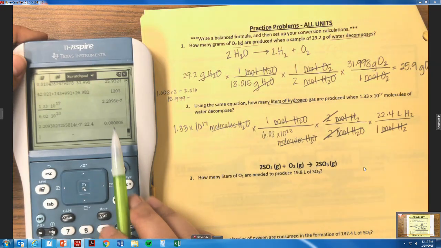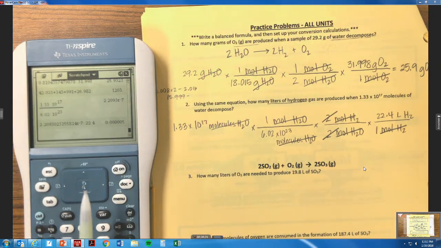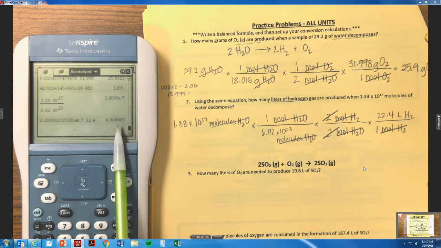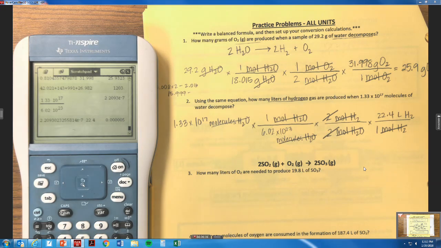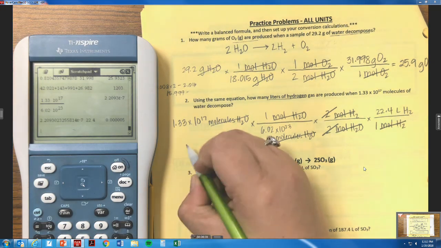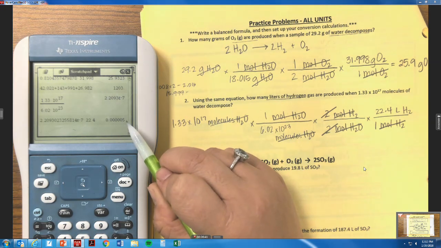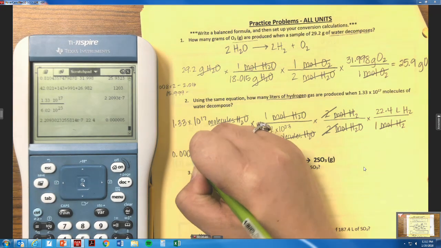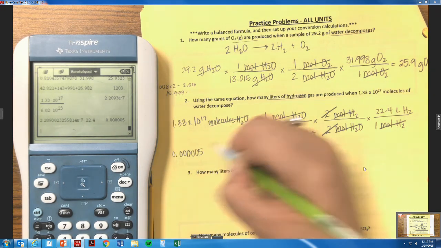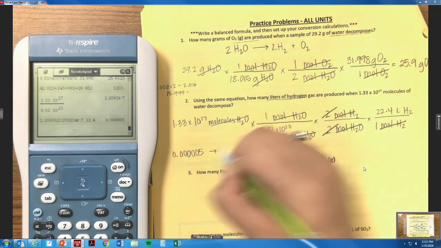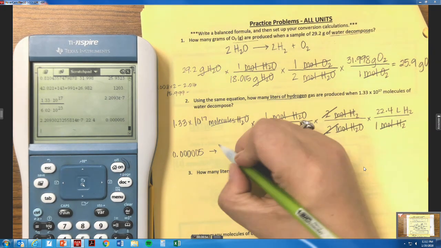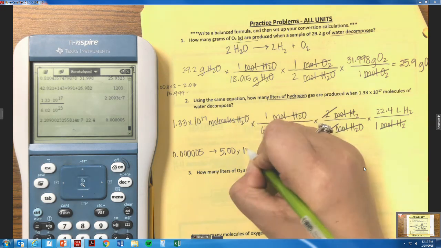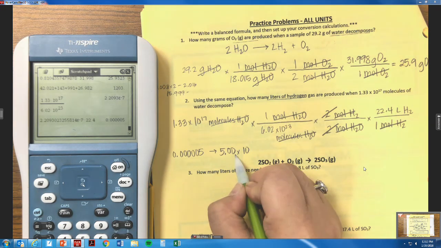So how do we convert this to 3 significant figures? Remember, all your leading zeros are insignificant, so none of those count except for your 5. So we can convert this to scientific notation. 0.00000500 becomes 5.00 times 10, and now I have 3 significant figures.